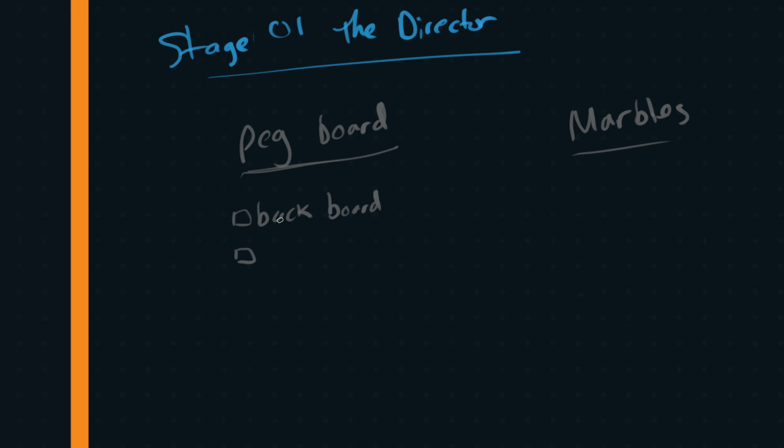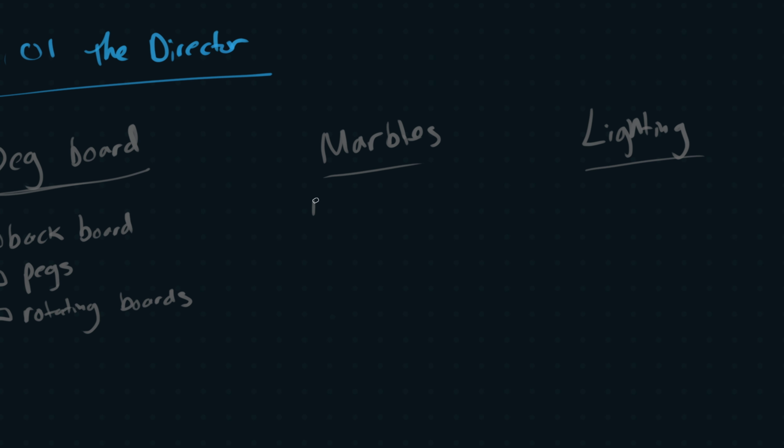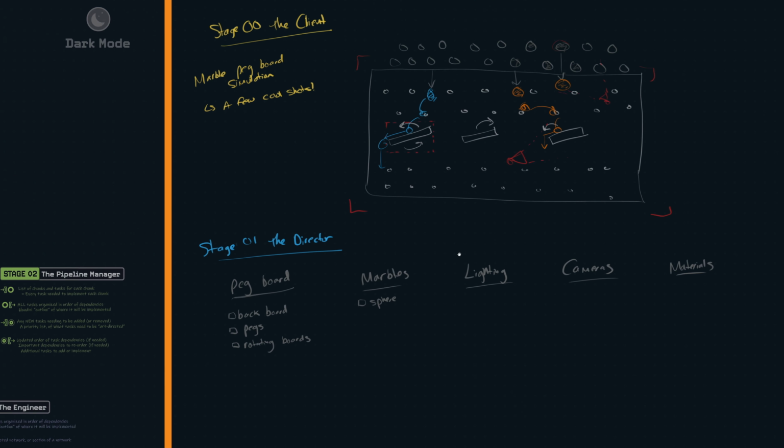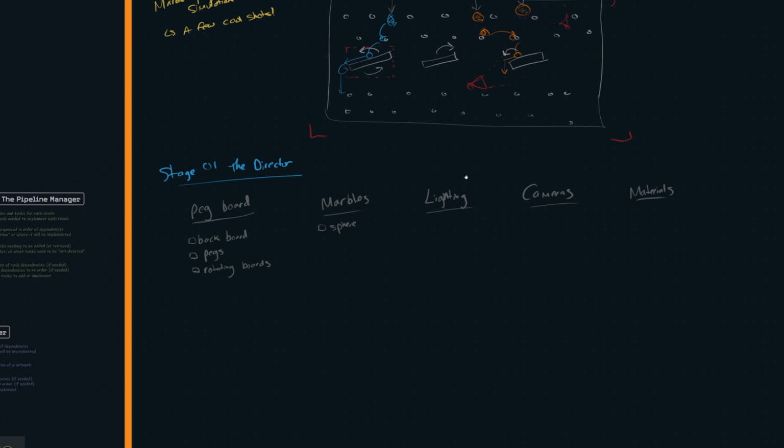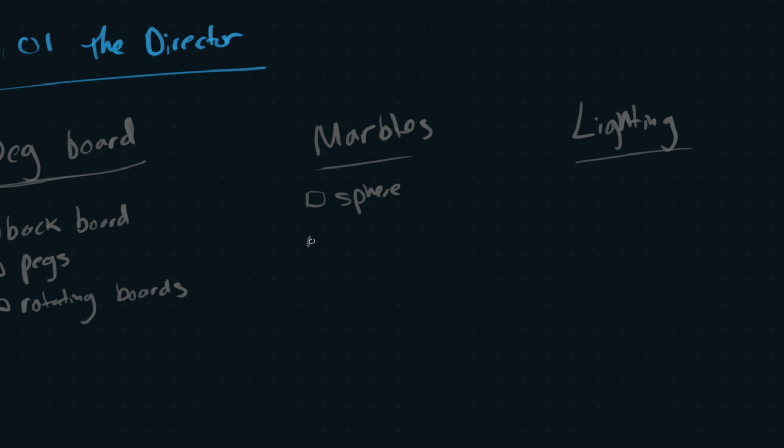Maybe we'll have the pegs themselves. Maybe we'll have the rotating boards. For the marbles, it really is just a sphere. So maybe there's one sphere and a collection of all spheres.